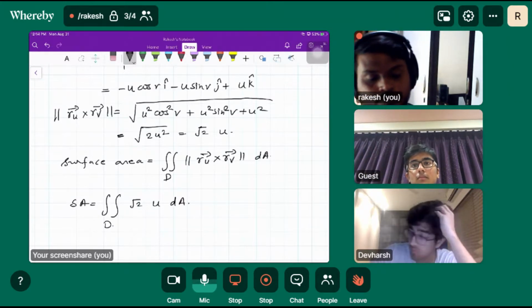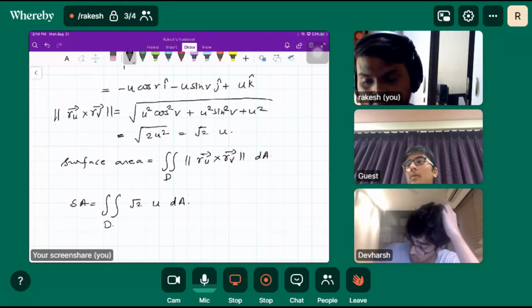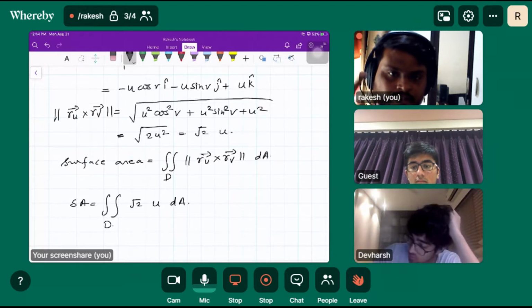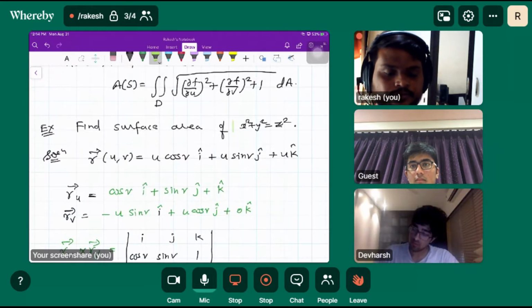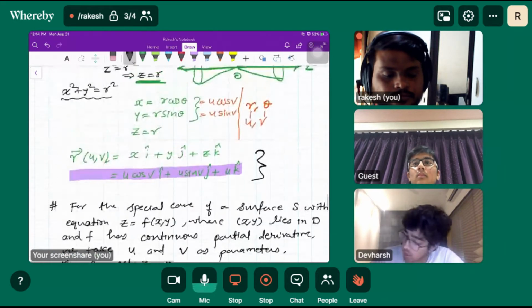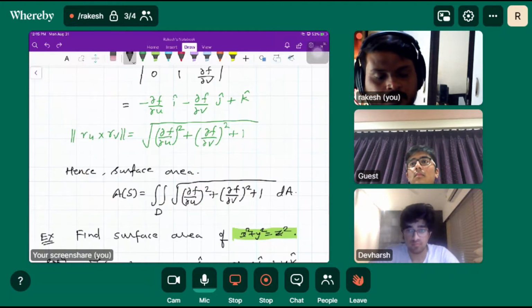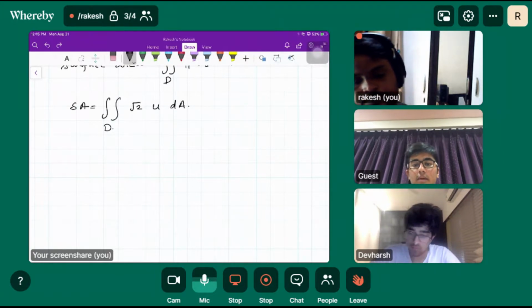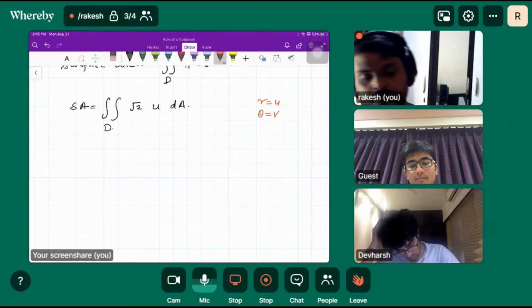So what were u and v? There are two parameters, u and v. What were u and v in this example? U was the r and v was the theta. So r is equal to u, theta is equal to v.